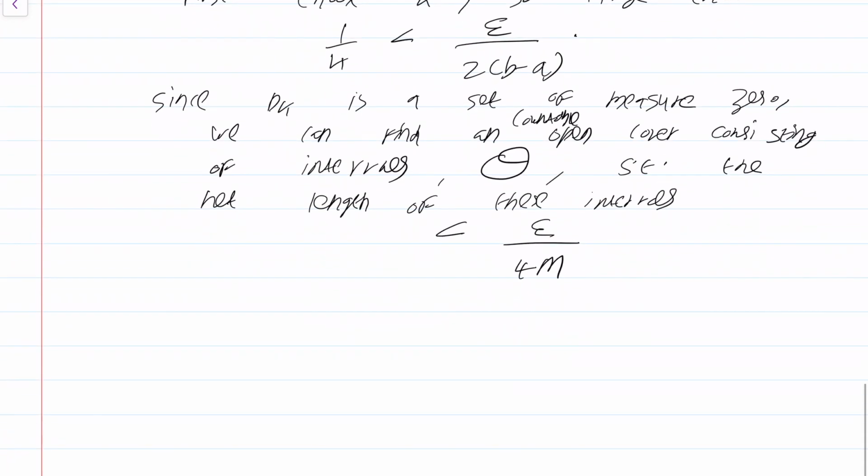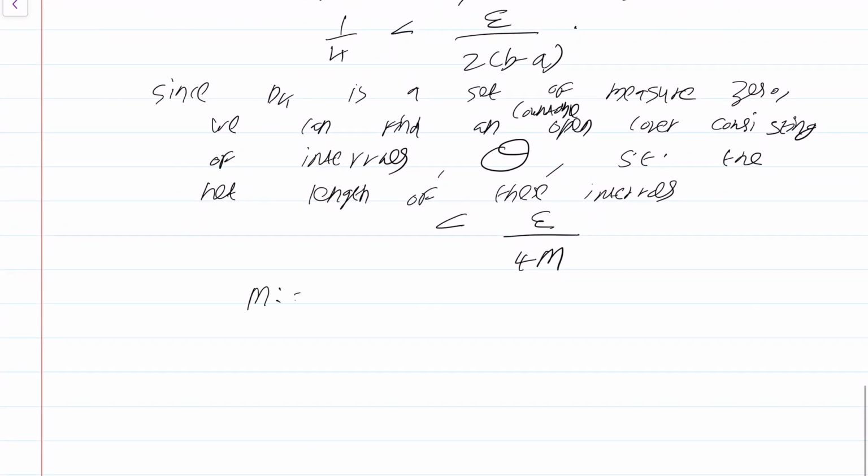Okay, what is this capital M? Where capital M is actually going to be the supremum of |f(x)|, such that x comes from [a,b]. Such a supremum exists because the function f is a bounded function. Okay, so I'm going to take the maximum modulus value of this function f, and I'm going to choose an open cover of D_k such that the net length of those intervals is less than epsilon by 4M. Okay, again another magic constant, but bear with me for a few minutes, maybe 10-15 minutes, and you will understand where these constants are coming from.